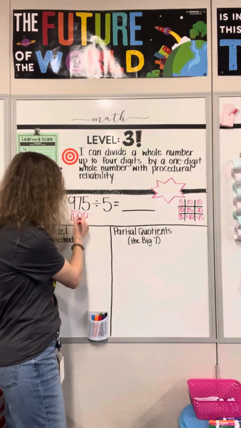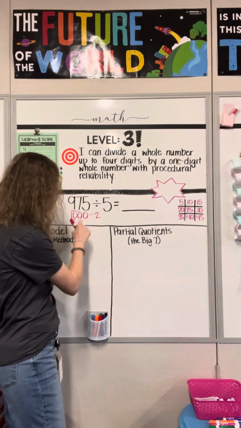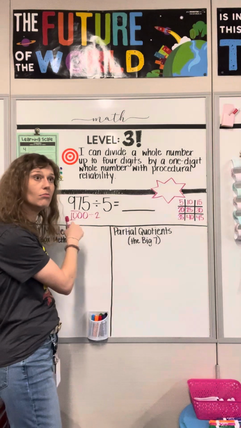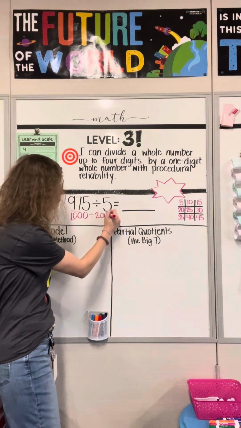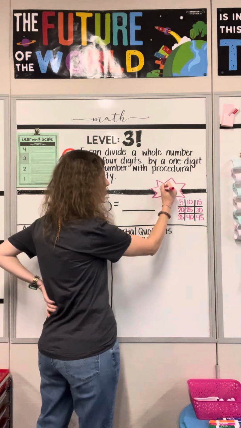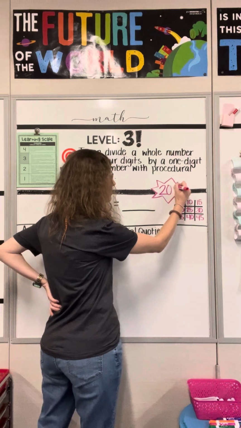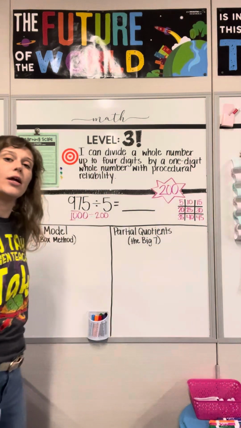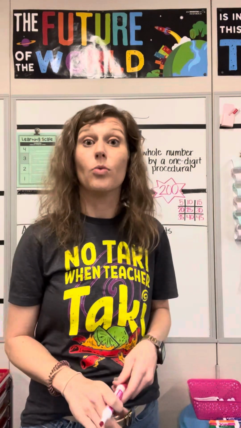So we got 10 divided by 5 is 2, and it's in the hundreds place, so 200. Our estimate is 200. That's where we want our answer to be close to once we get our quotient.